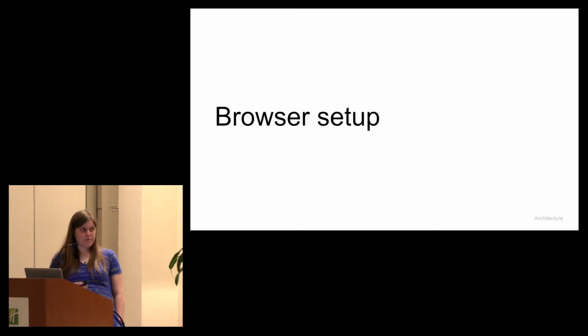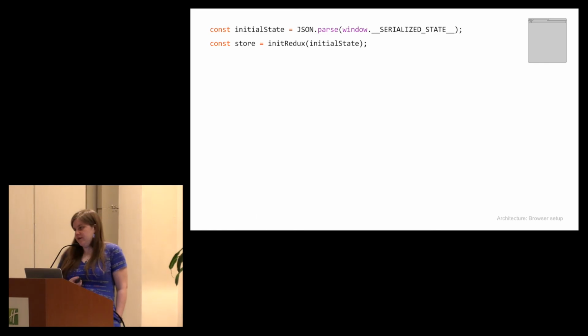So we just have to do one more thing at this point, which is we have to hydrate the React app in the browser. So we grab that initial state, and we initialize Redux with it. So Redux can actually be set up with a starting state. And that means that we don't have to do any data fetching for this first round.